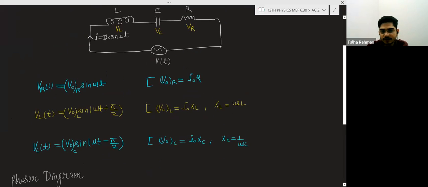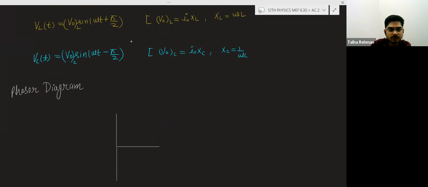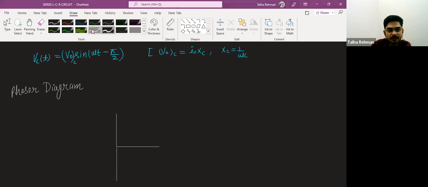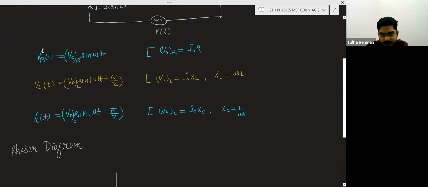So this is the current. I is equal to I naught sine omega t. Phase of the current is omega t. Suppose this is the current direction. Now the phase of the voltage across the resistance will also be omega t.